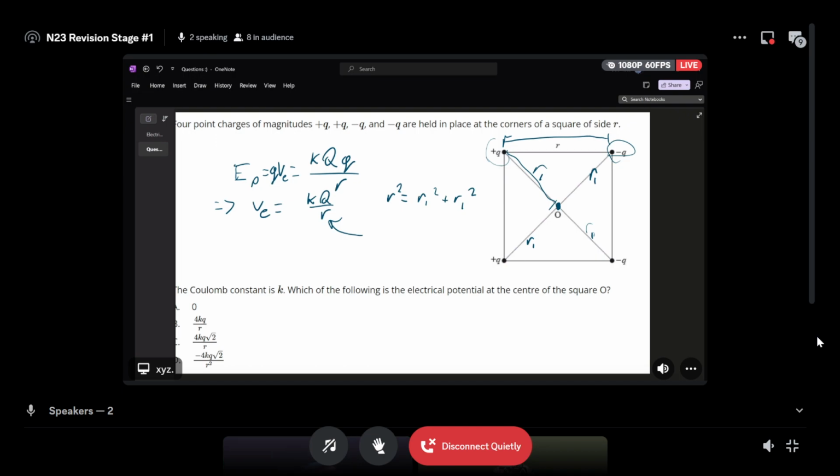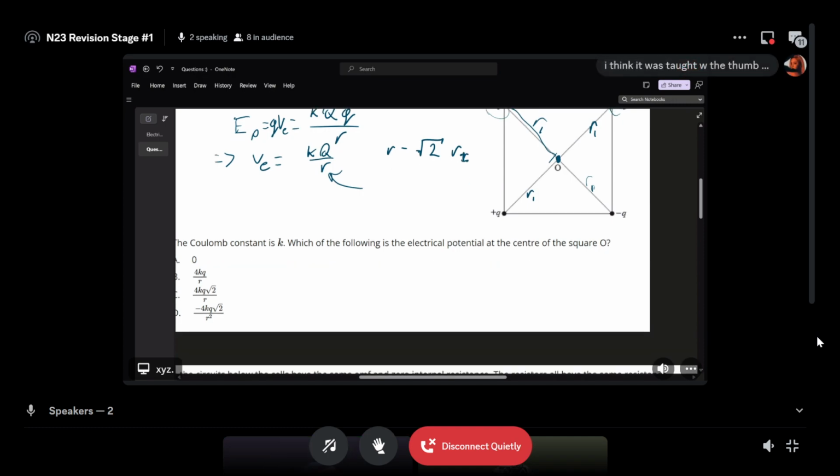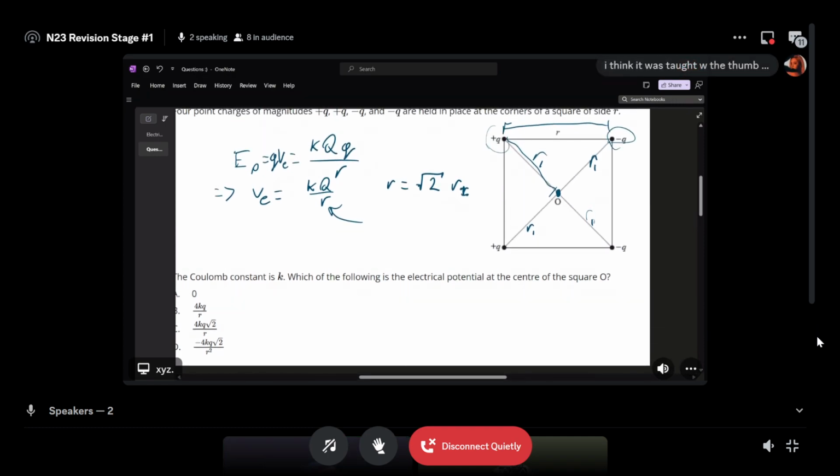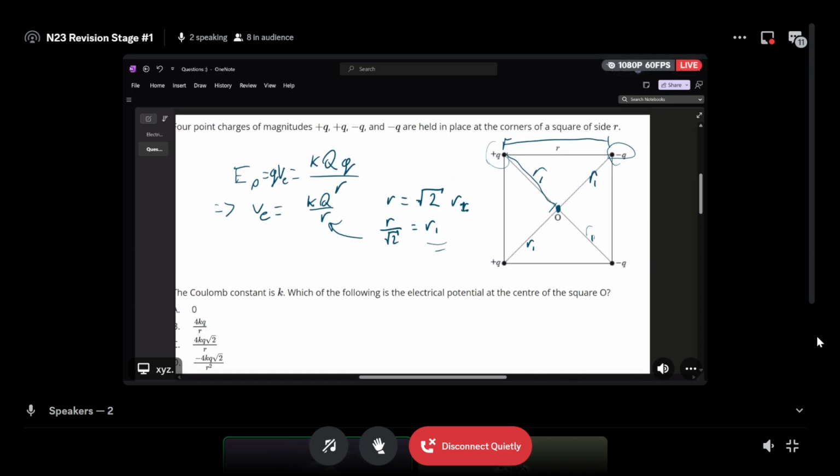And isosceles triangles, very neat. You just solve and you get root 2 R. Wait, am I getting confused? Yes, I am. This is R1. So R divided by root 2 equals R1. And this is what we want to substitute into our equation.